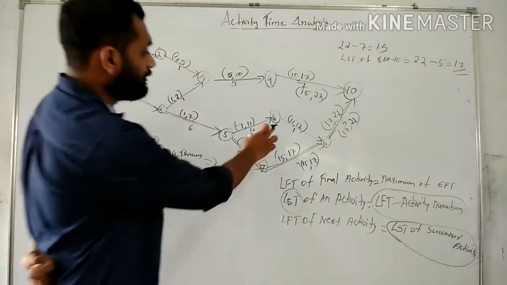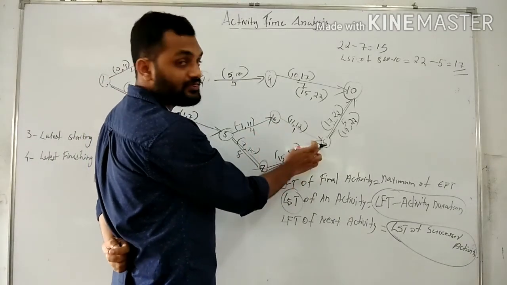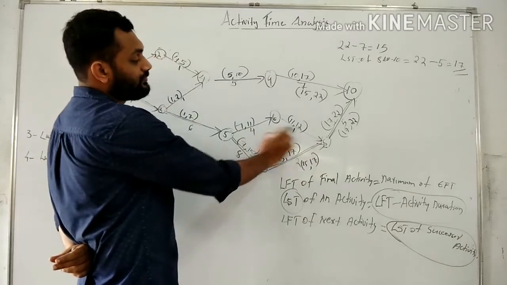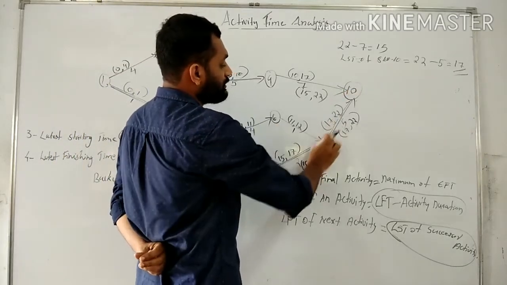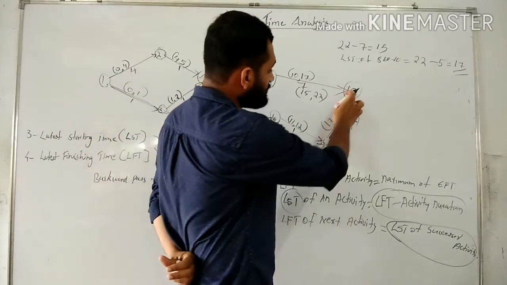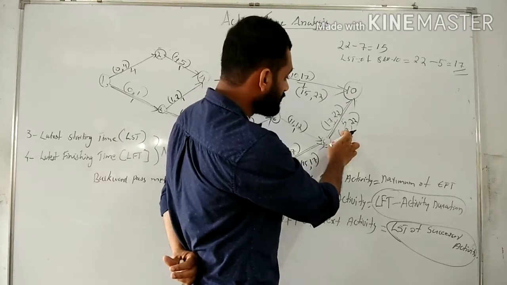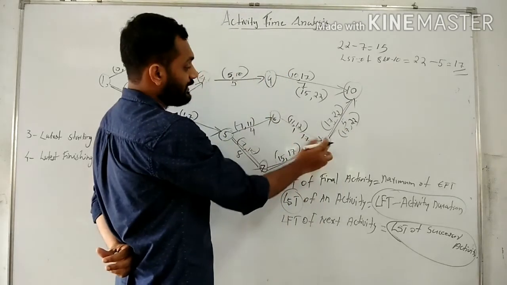Then for 6 to 8, the successor activity of 6 to 8 is 8 to 10. The LST of 8 to 10 is 17. So 17 is the LFT of this activity.